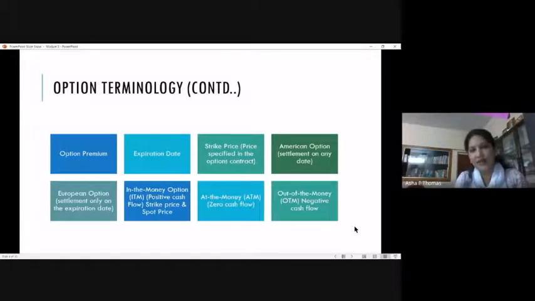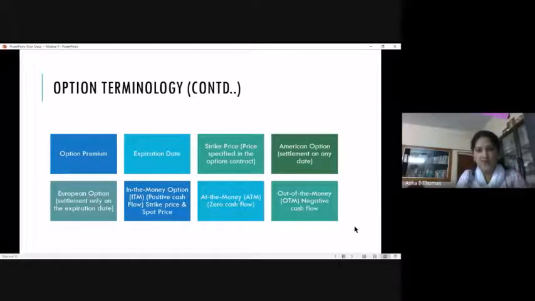Because when you buy your right, you have to pay the premium. Suppose you have paid a premium of 50 rupees, that should be added to your cost, and then your cost and the spot price in the market are the same. No inflow or outflow, that is said to be at the money.